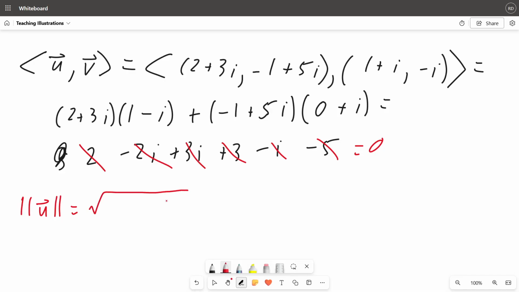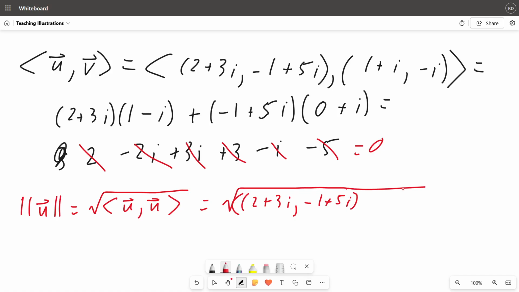The square root of u comma u would be, let's do this properly, 2 plus 3i, negative 1 plus 5i.